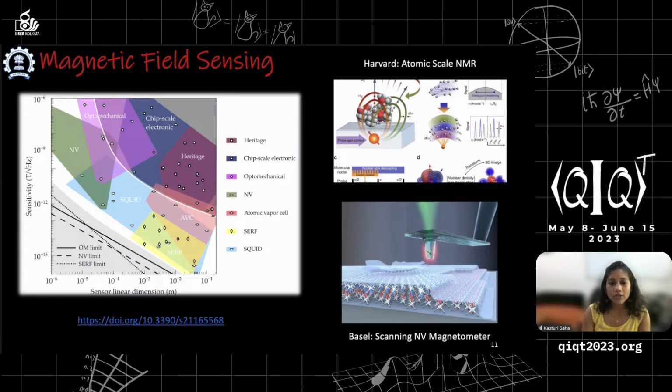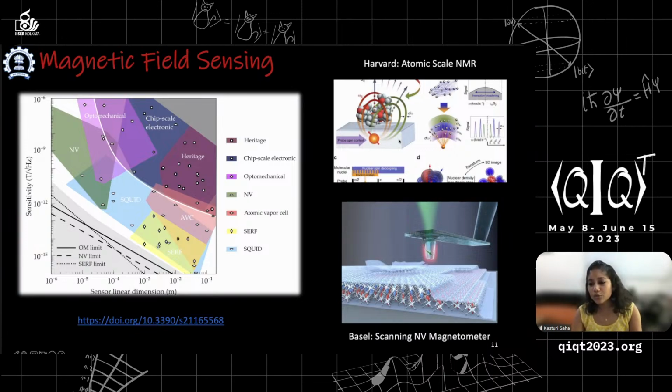These magnetic field sensors are very important, not just for commercial purposes, but also for fundamental physics, understanding magnetism at the fundamental scale, where you can image, for instance, electron flow, or understand phase changes. Information can be extracted using NV centers as imagers, for instance.